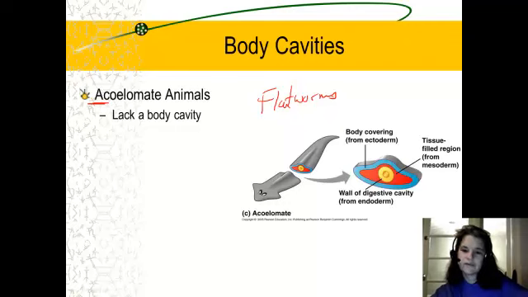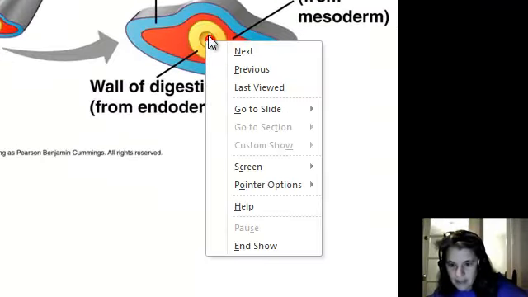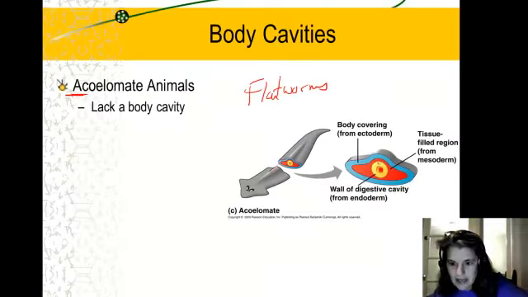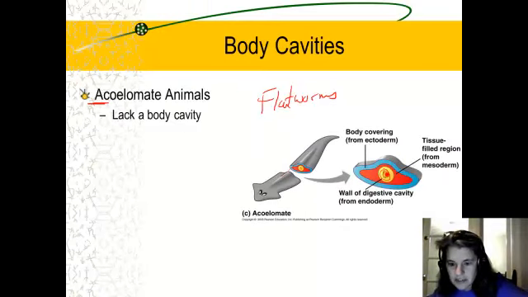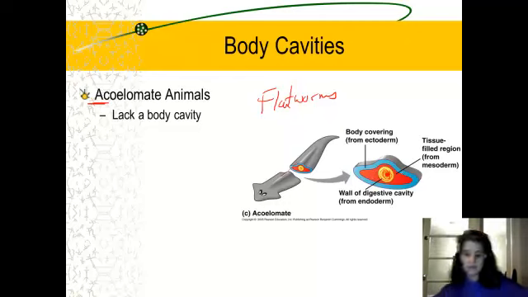And you notice if you cut this guy across his middle, inside this hole, this tube that would run the length of his body, that is his gut. That's where he digests his food. And this is that endoderm, and you can see that it's completely surrounding his gut cavity. This in the red is mesoderm tissue, and this in the blue is ectoderm tissue.